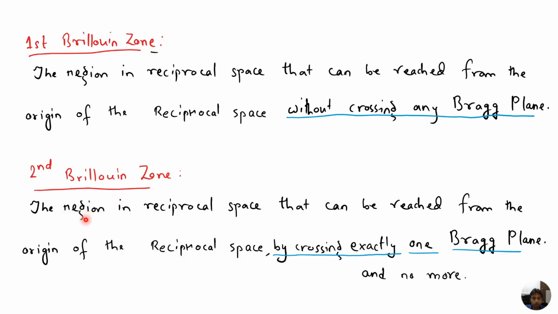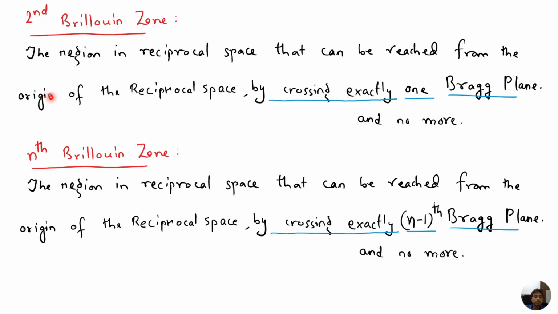Similarly, the second Brillouin zone is defined as the region in reciprocal space that can be reached from the origin of the reciprocal space by crossing exactly one Bragg plane. Second Brillouin zone means one Bragg plane we have to cross.